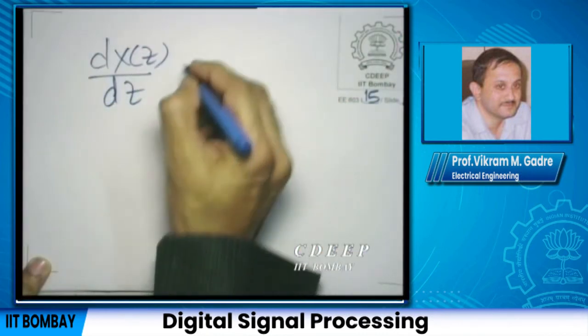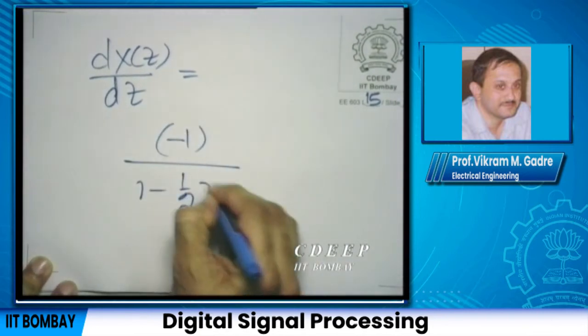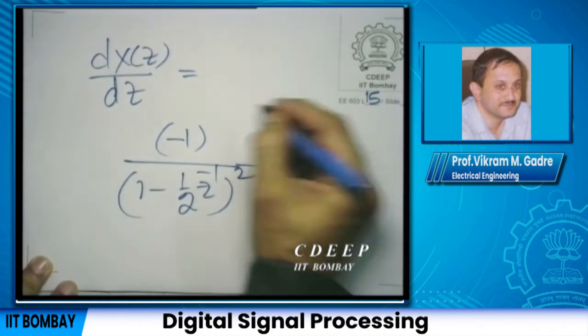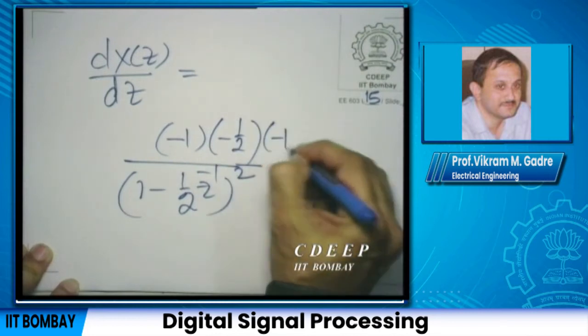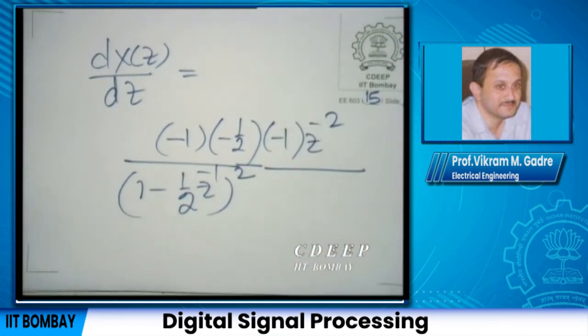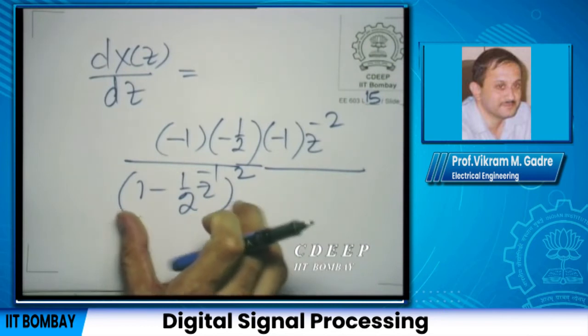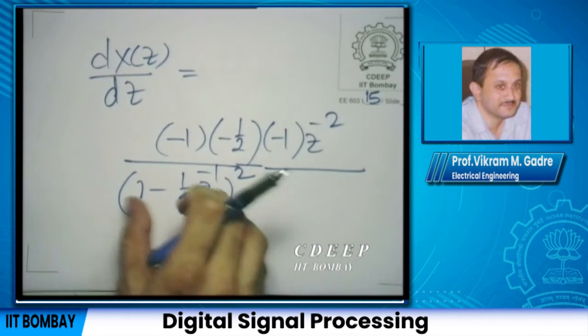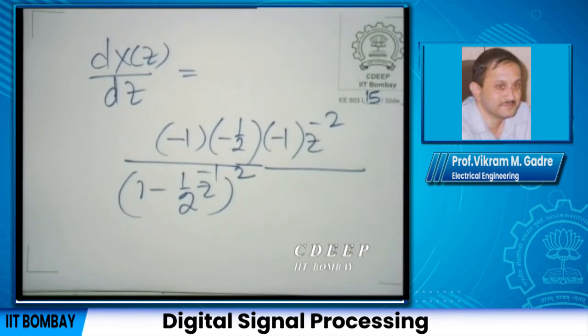So, the derivative of X(z), as you see here, is minus 1 minus half z inverse raised to the power minus 2 times minus half minus 1 z raised to the power minus 2. Is that correct? Minus 1 minus half z inverse squared, or this raised to the power minus 2, and then the derivative of what is inside, so that is minus half times minus 1 z raised to the power minus 2.